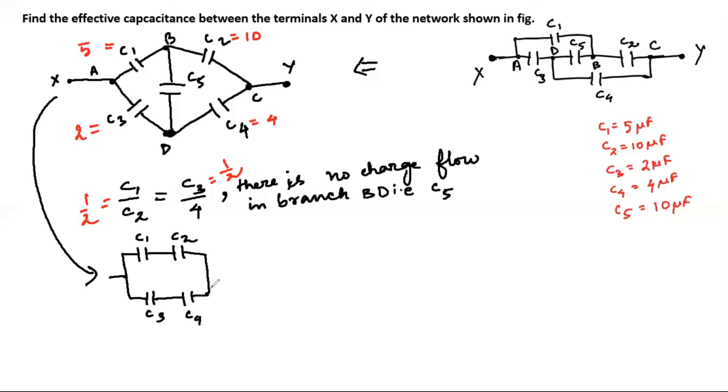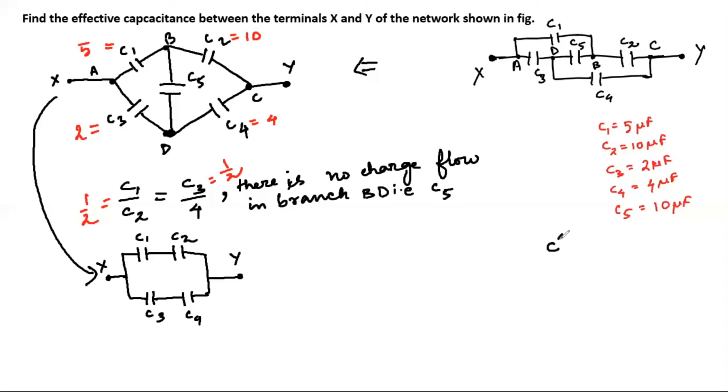Remember, since there is no charge flow through this branch, we have not drawn that branch. Okay, so that is why these two capacitors, C1 and C2, are in series, and C3 and C4 are in series. So we are going to find the equivalent capacitance of C1 and C2 and the equivalent capacitance of C3 and C4, and finally we will see a parallel arrangement of the equivalent capacitances.